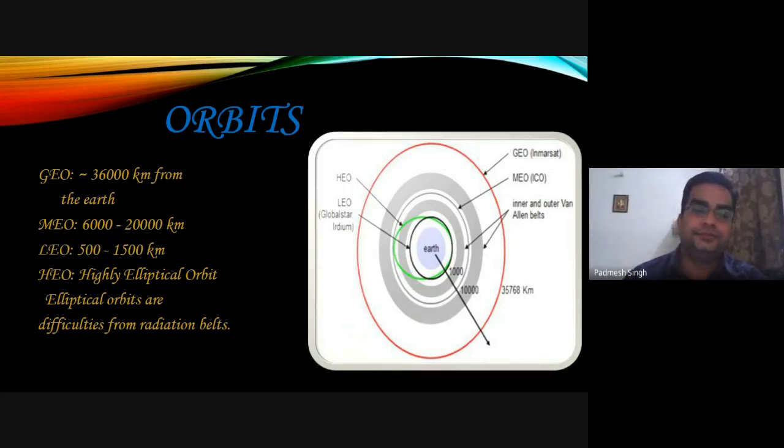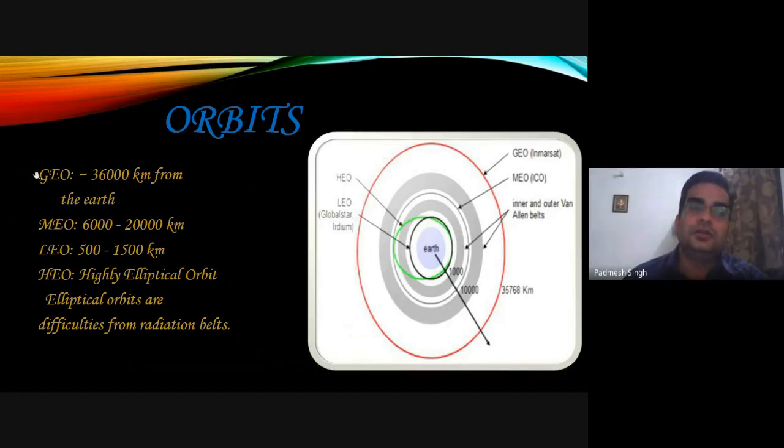Then there is the low Earth orbit, that is 500 to 1500 kilometers. Then we have the highly elliptical Earth orbit, shown with this green line. So the various orbits of these satellites are for various applications.